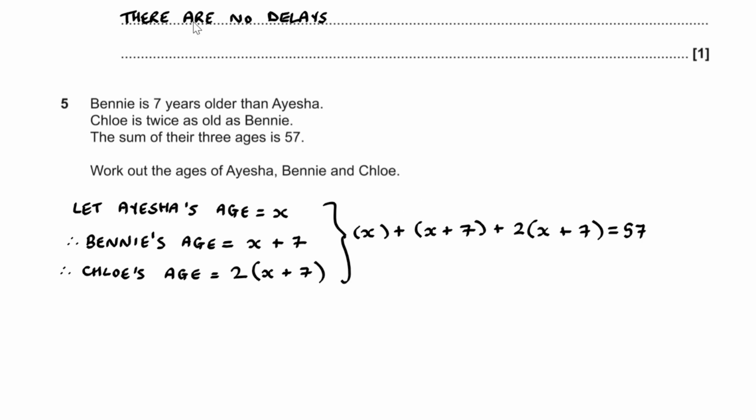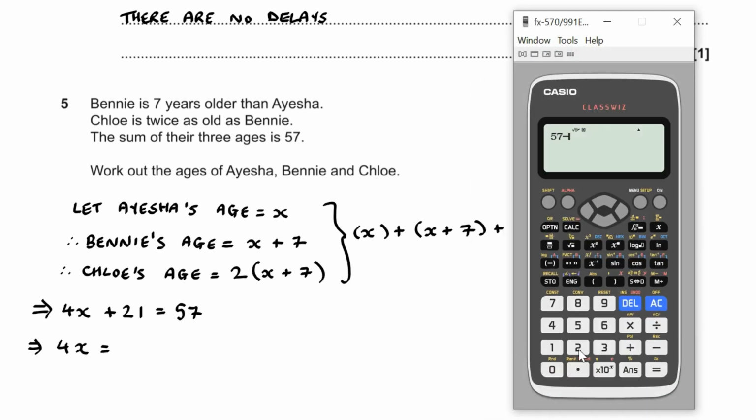So with this, what we can see then, we have x plus x plus 2x, so that will be 4x. And then we have 7 plus 14, that's 21. So we've got 4x plus 21 equals 57. 4x is equal to 57 take away 21, which is 36.